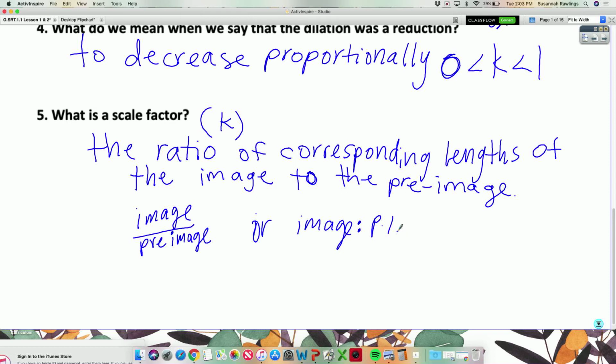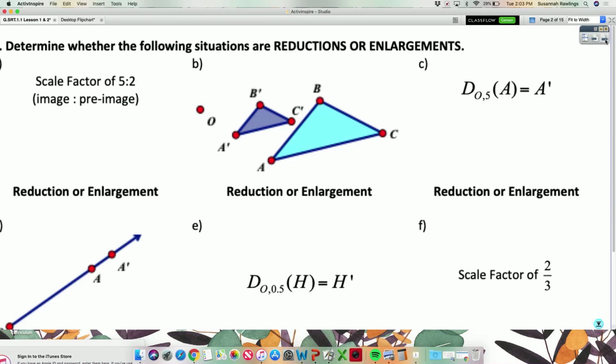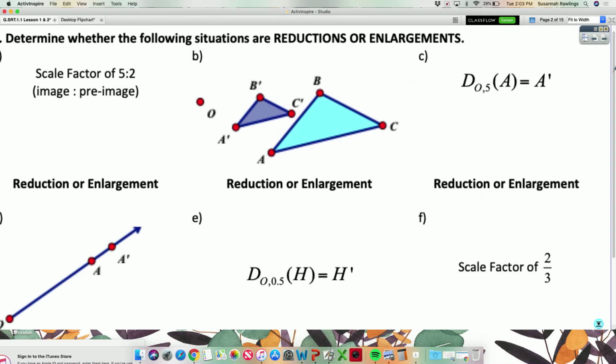Okay, so we're going to try some examples. These are really easy. We're just determining whether it's a reduction or enlargement. Some are based off of pictures, some are based off of scale factors. So it tells me my scale factor here is 5 to 2. I can also write that as a fraction, 5 over 2. So what we're trying to determine is, is this greater than 1 or less than 1? This is greater than 1, right?